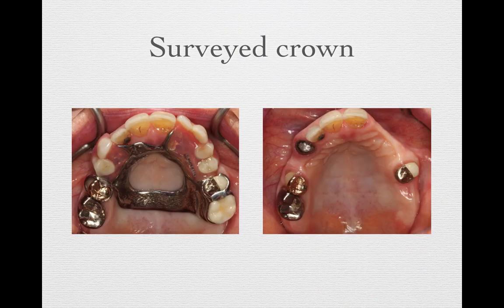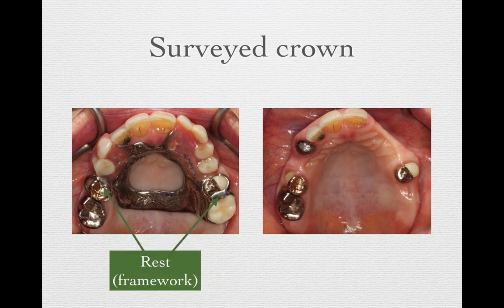So let's look at what the survey crown looks like. On the left side, you can see a partial denture resting on the natural teeth and the crown. We already mentioned that on the framework of the RPD, you have a rest, a direct retainer and an indirect retainer.